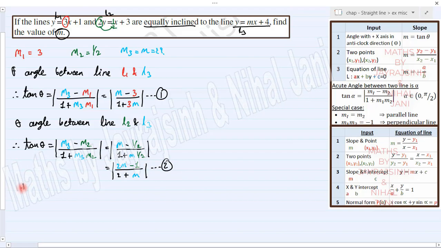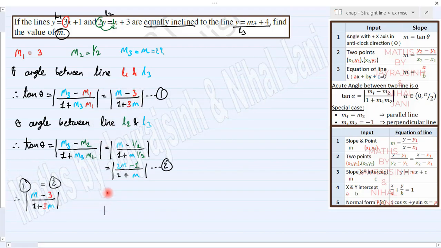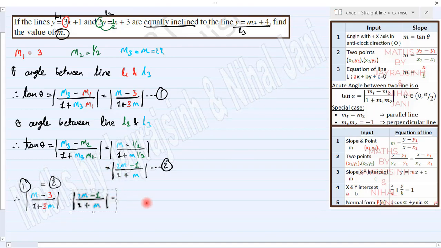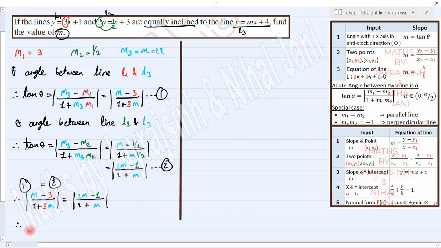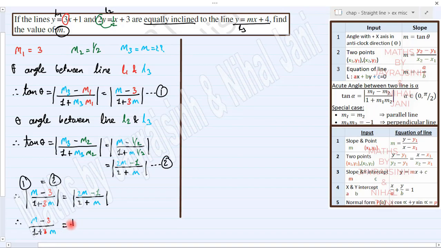So if we compare equation number 1 and 2, on the left hand side, we will get mod of m minus 3 upon 1 plus 3m, and on the right hand side, 2m minus 1 upon 2 plus m. Now, if we remove the mod, we will get m minus 3 upon 1 plus 3 times m is equal to plus or minus 2m minus 1 upon 2 plus m.